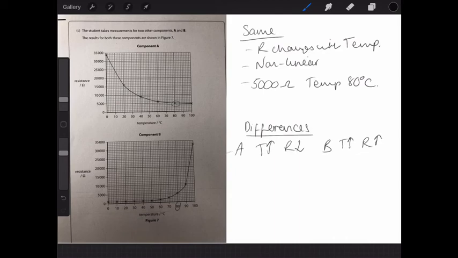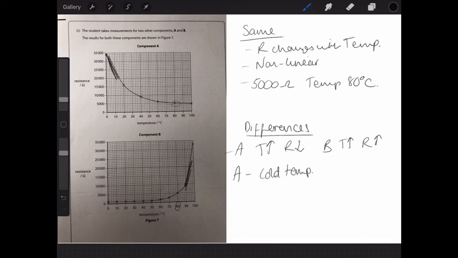Another difference would be where the resistance is changing the most, the temperature range. So where is the graph the steepest? In graph A, the steepest part of the graph is right here at the start. That's where the gradient is steeper. But in graph B, it's here at the end. So for component A, the biggest difference to resistance is at cold temperatures.